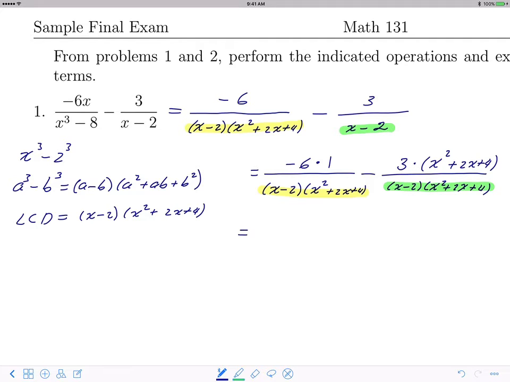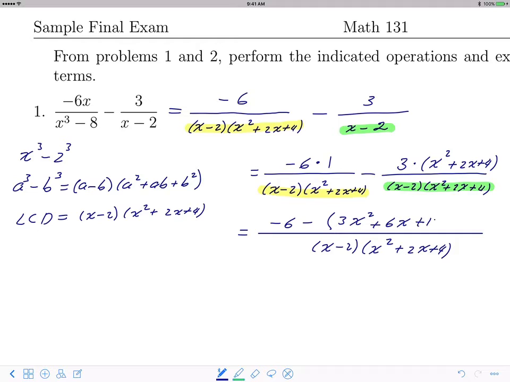So in this next step, we can have a single fraction because we have a common denominator, which is x minus 2 times that trinomial. And we have negative 6 minus the quantity 3x squared plus 6x plus 12. If I remove the parentheses, the denominator doesn't change.